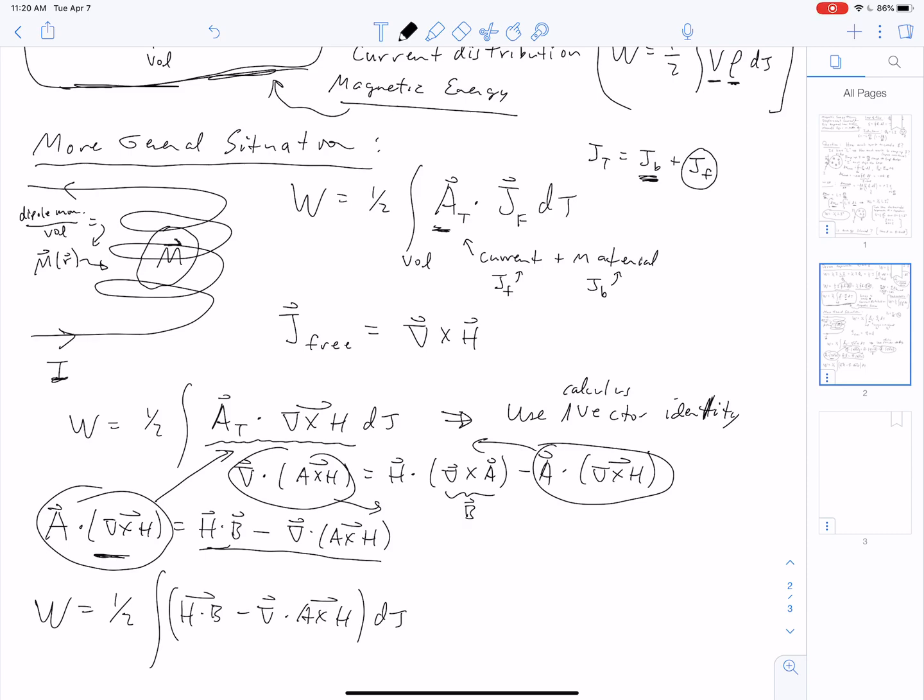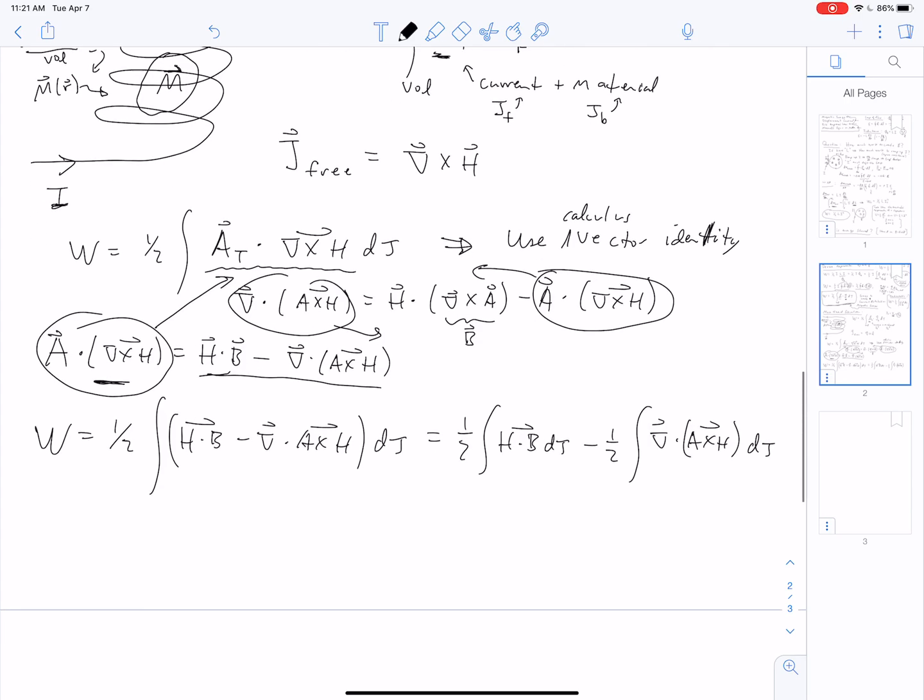And so this is quite nice because then we can write those two integrals separately. It's going to be 1/2 integral of H dot B d tau minus 1/2 integral of del dot A cross H d tau.